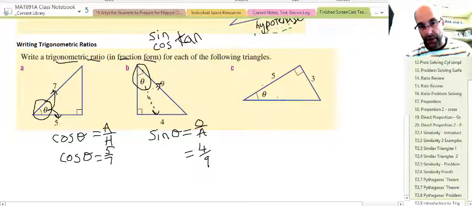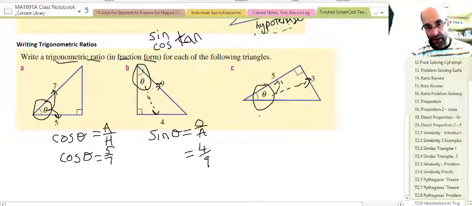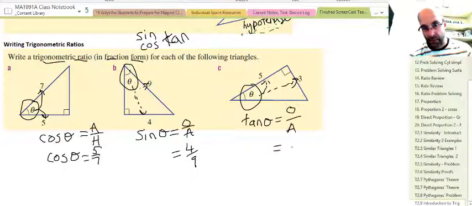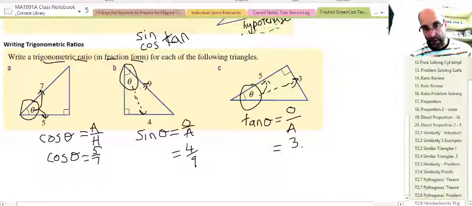The last one, we have the given angle here, opposite and an adjacent. So that's their old age, opposite over adjacent, or TOA. Tan theta is opposite over adjacent, which is 3 over 5, and that's our trig ratio.